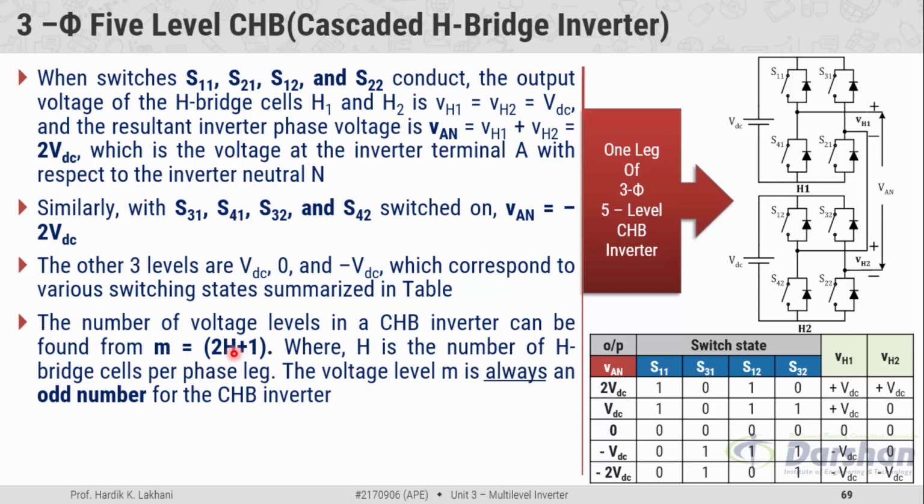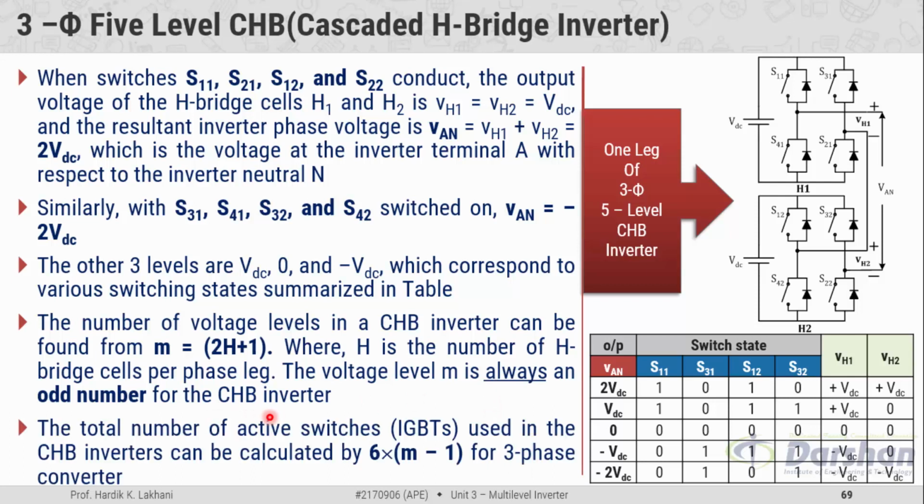Substituting H equal to 2 in this expression, we get 2 multiplied by 2, that is 4, 4 plus 1, that is equal to 5. So with the help of this structure, we can produce a 5-level signal. The voltage level M is always an odd number for the CHB inverter.